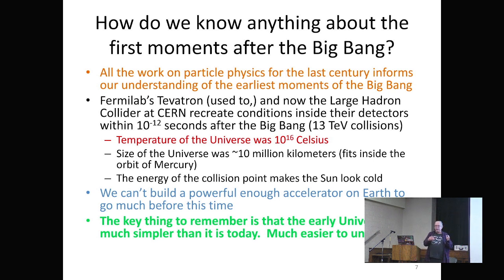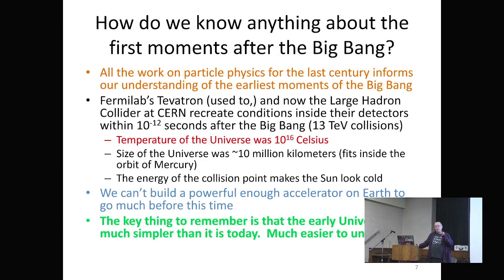Well, Fermilab didn't get quite as hot as CERN, but CERN is the record now for colliding particles together and creating temperature conditions that haven't existed since shortly after the Big Bang. And I believe it's true to say that that's true for anywhere in the universe.